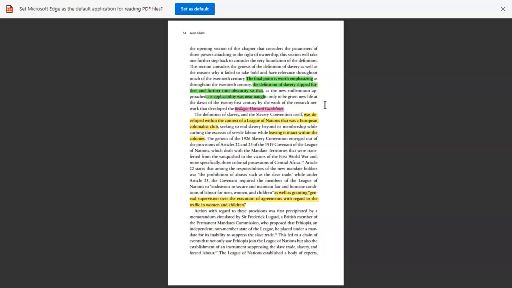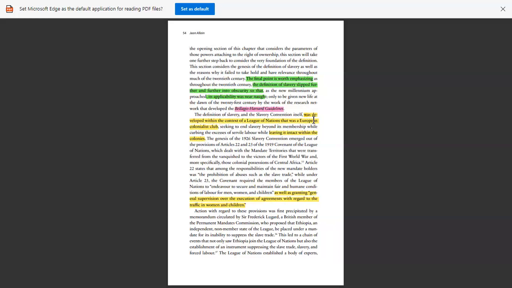So they had a slavery convention, of course, and worked on the definition of slavery, and it was developed in the context of the League of Nations. And at that point in time, it was a European colonialist club. And what's neat, too, is they were seeking to end slavery beyond their own membership.